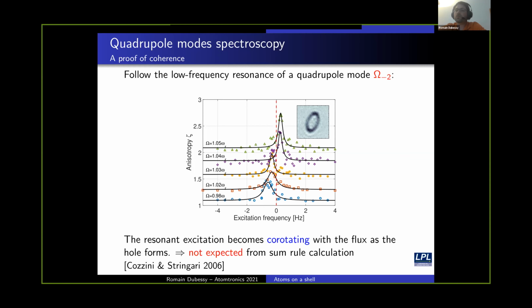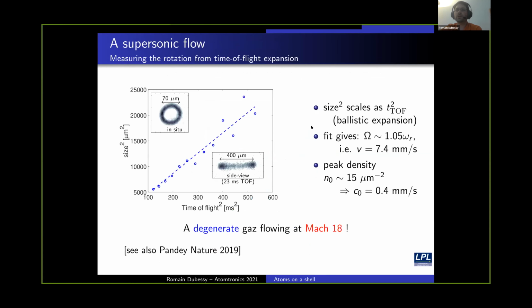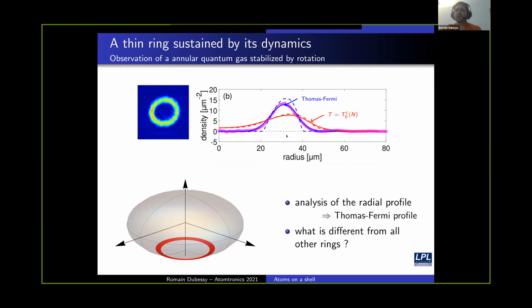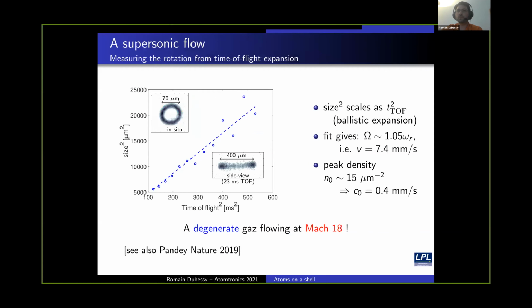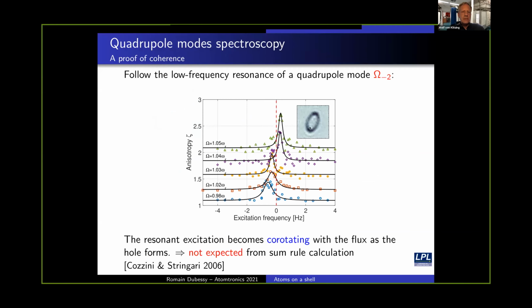So first maybe the dimension here. You see our radius is something like 35 micrometers. So here the typical dimension is, as you said, 100 micrometers.